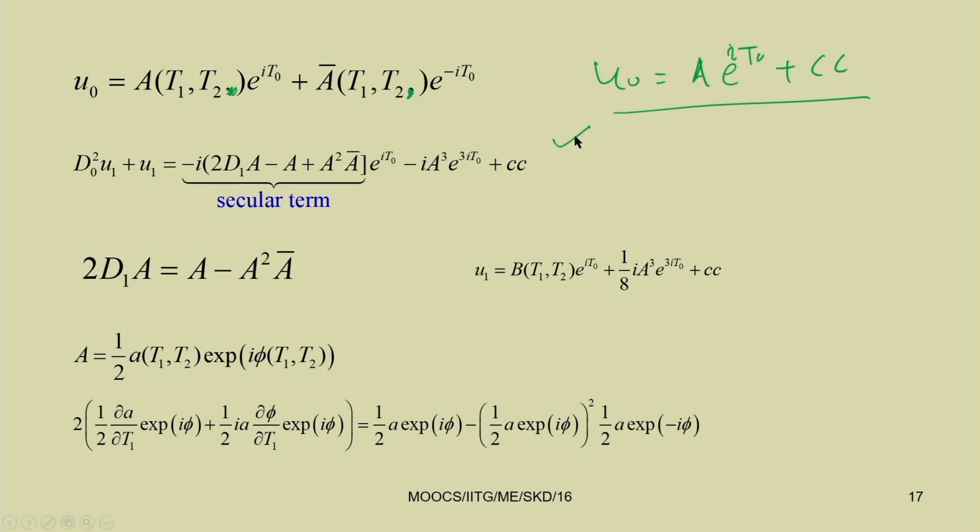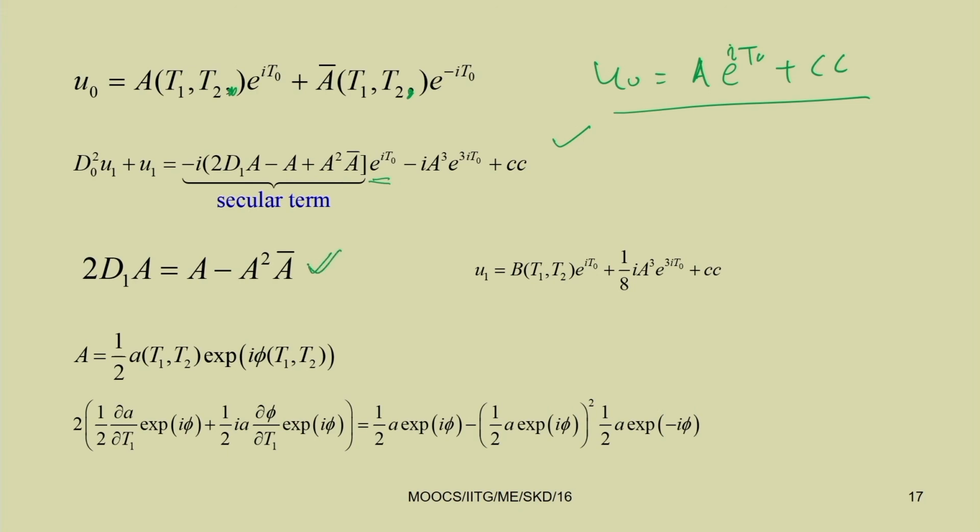Here you can see the coefficient of e to the power i T0 leads to the secular term. We must eliminate the secular term, as we know the response is bounded. To kill the secular term, this term can be eliminated if and only if this term equals 0. This will be zero when 2 D1 A equals A minus A square A bar.